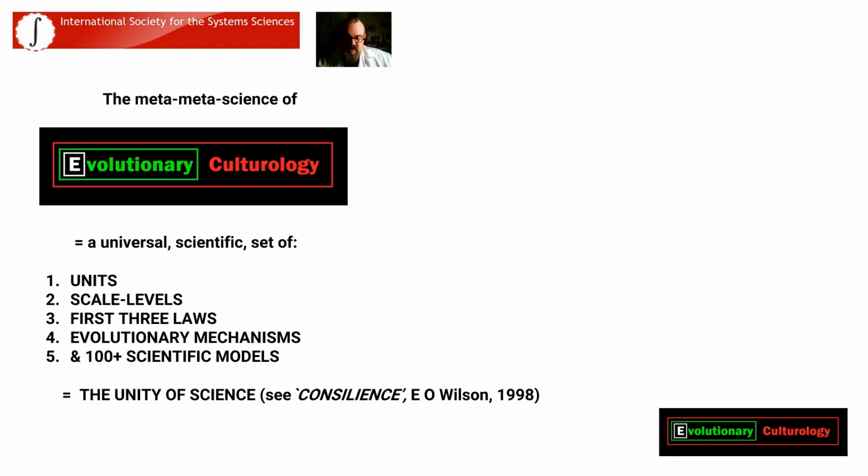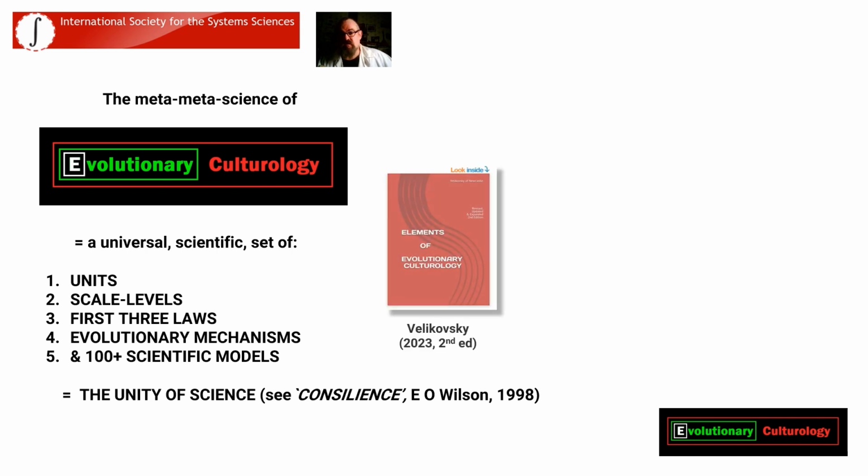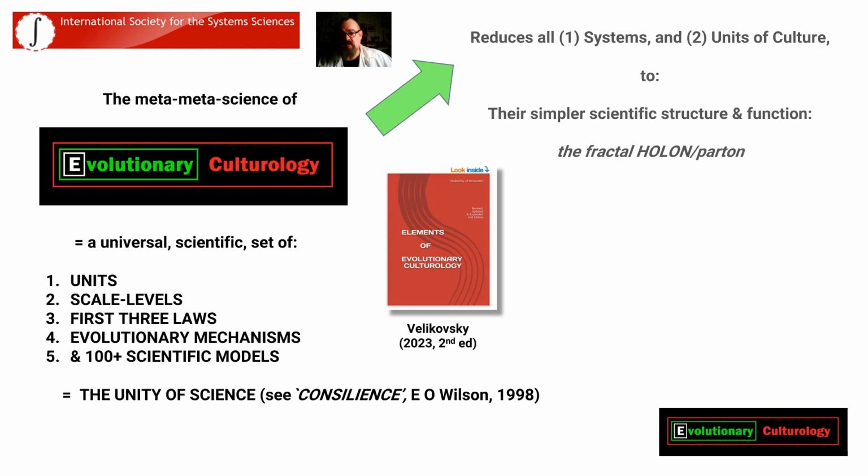Each chapter has a different additional model in it. And that leads to the unity of science regarding Ed Wilson's concept of consilience in his book of the same name in 1998. So that's Ev Cult. That's all in the textbook, Elements of Ev Cult.